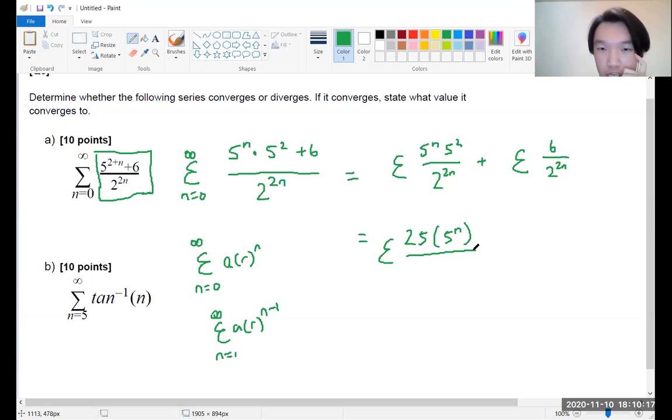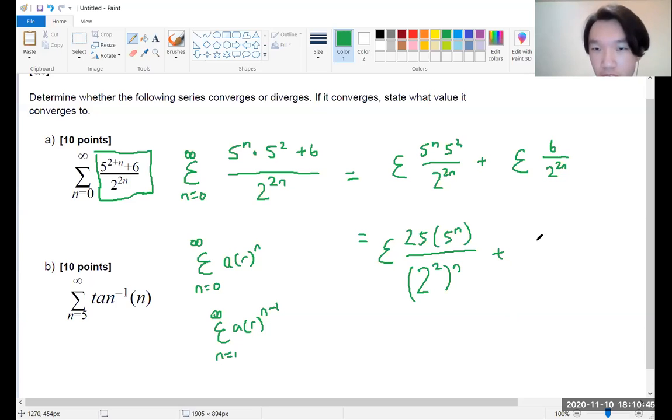How'd you get 4 to the n? Yes, very good. So recall that when you have a power to a power, that's when you multiply the exponents. So 2 to the power of 2n is the same as 2 squared, all of that to the nth power.